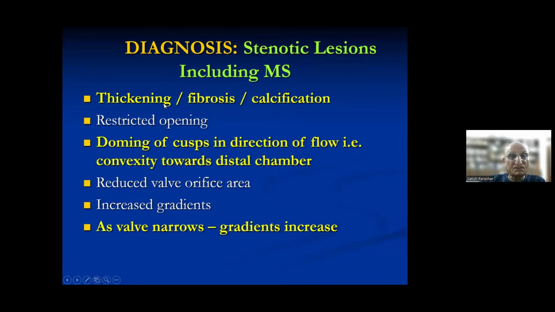In the early stage, there could be fibrosis, thickening, or calcification. Remember that when there is thickening, the opening will be reduced. But the most important sign is doming of the cusp in the direction of flow, that is, convexity toward the distal chamber.